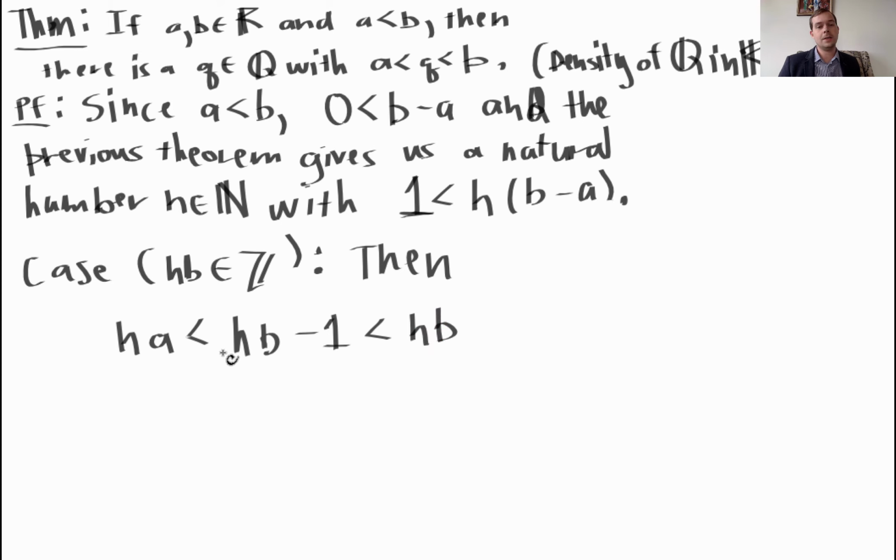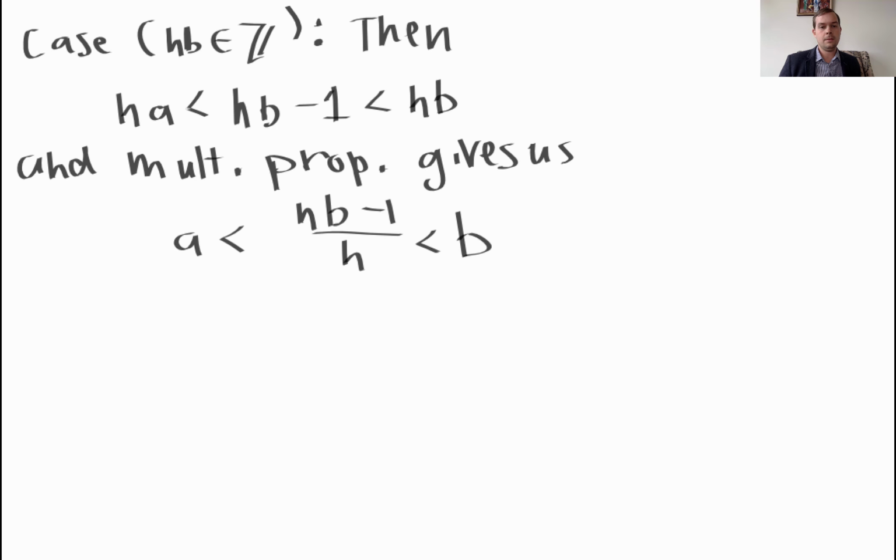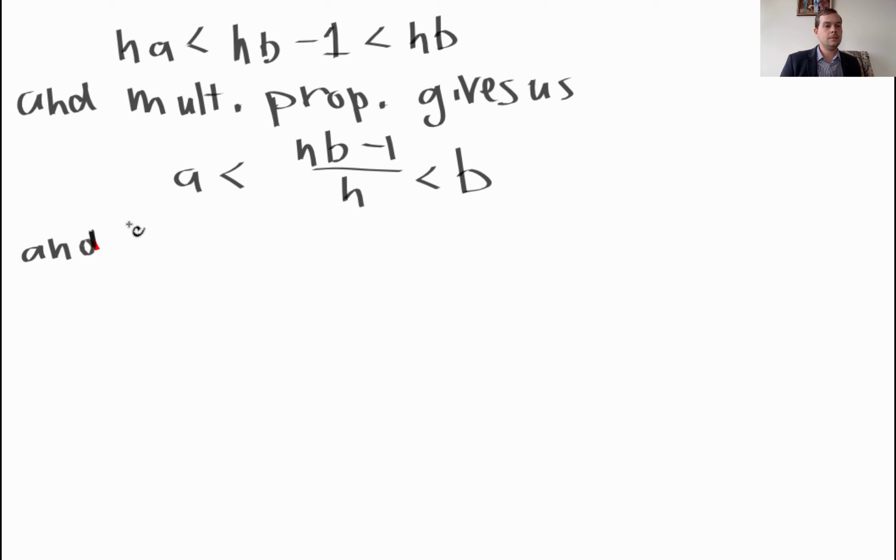Now, since n is a natural number, it's greater than 0, we can divide all of our sides by n. So the multiplicative property gives us a is less than nb minus 1 over n, which is less than b, and q equals nb minus 1 over n is a rational number.